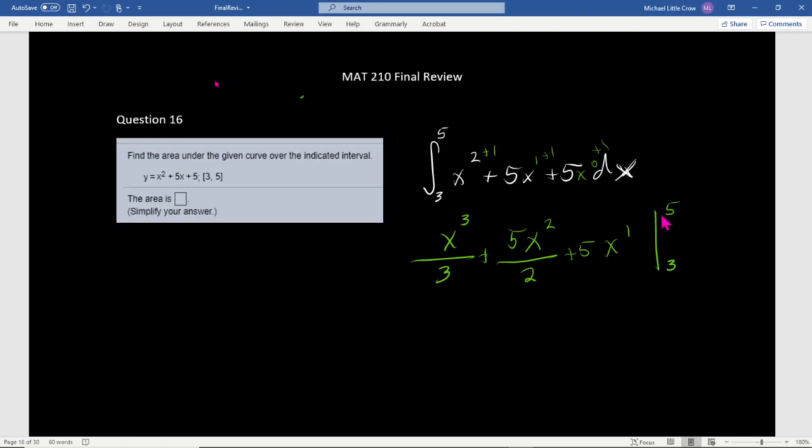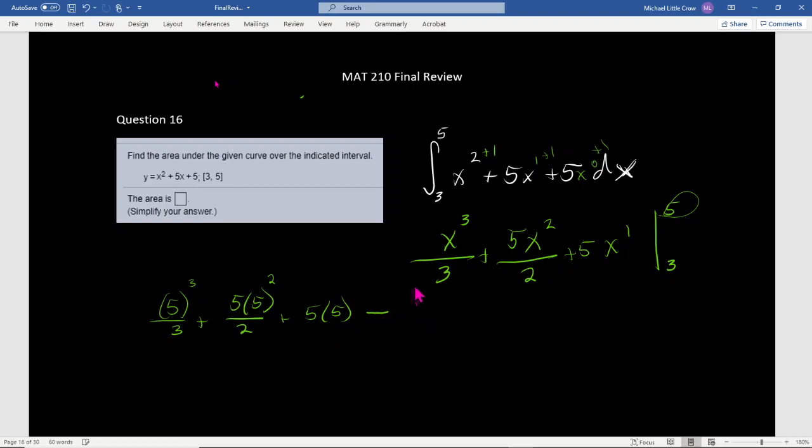So the way we do this is we plug the 5 in for the x's, that's going to be the first part, and then we subtract what happens when we put the 3 in for the x's. So we get 5 to the third over 3 plus 5, plug in 5 for x, squared over 2 plus 5 times 5.